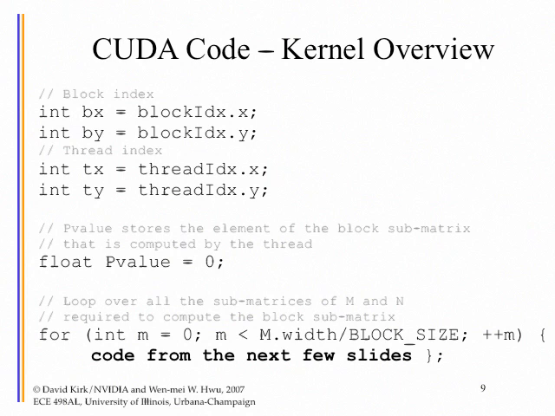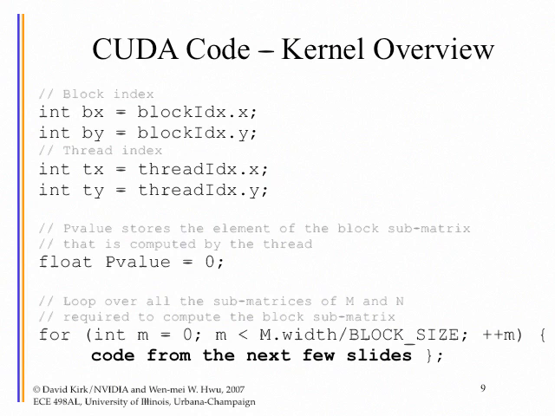The kernel is going to have access to block index X and block index Y, and these are the special variables that allow the threads to know which element each is supposed to be working on. You also have the thread index. So these things are all going to be used in memory accesses later on.